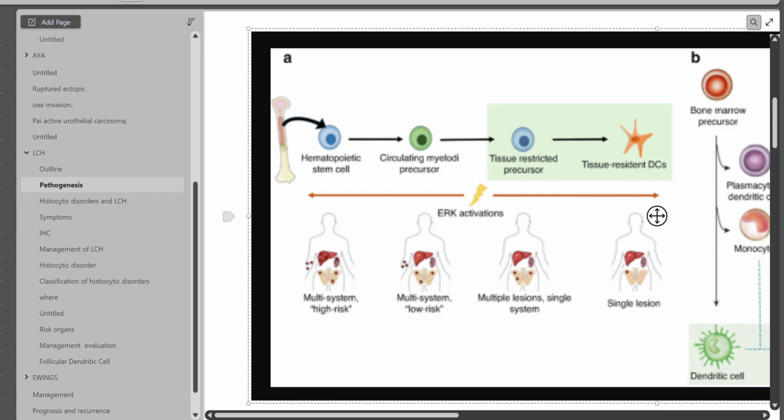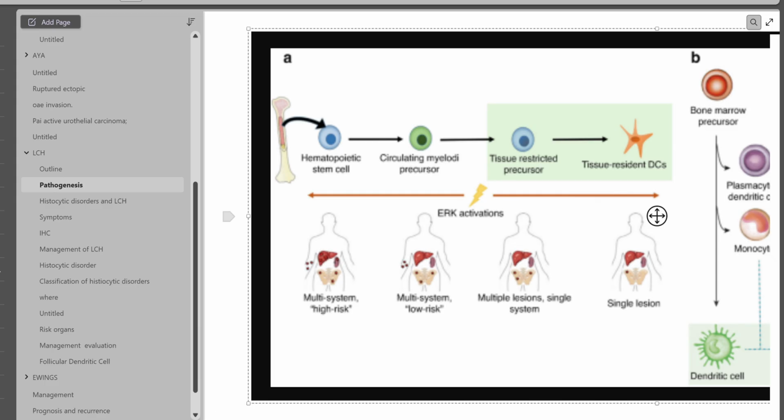So you have the hematopoietic stem cell, the circulating myeloid precursor, the tissue restricted precursor, and the tissue resident dendritic cells. If you have the hematopoietic stem cell stage where you are having the dendritic cell proliferation, you have a high risk.